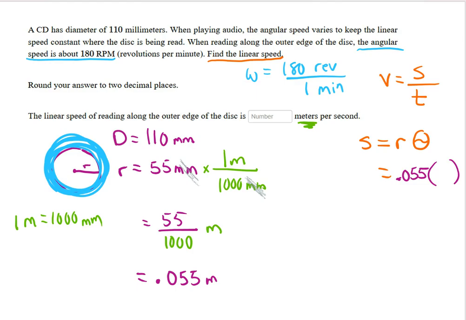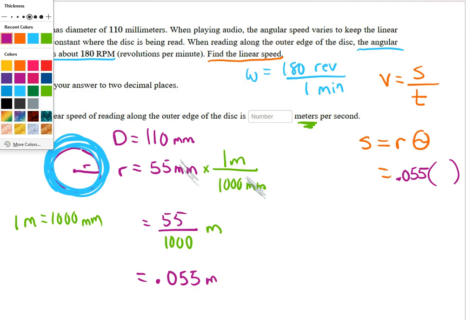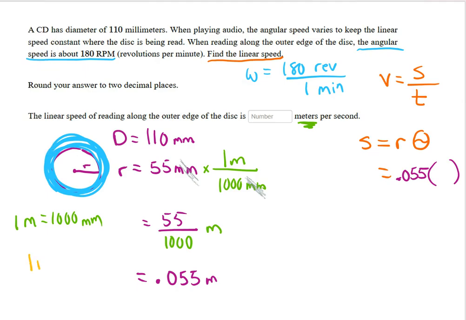There are 180 revolutions per minute, but one revolution is equal to 360 degrees, which is also known as 2 pi.